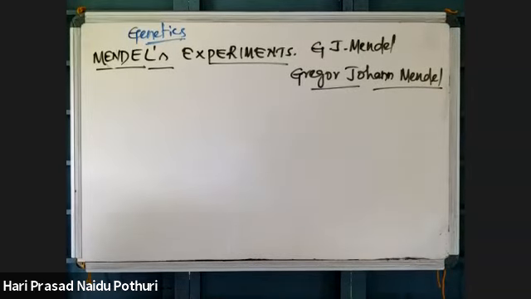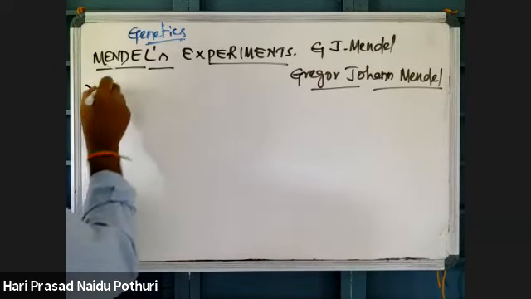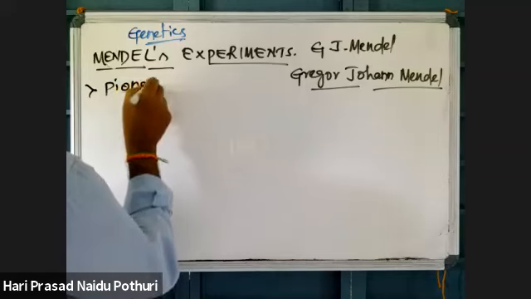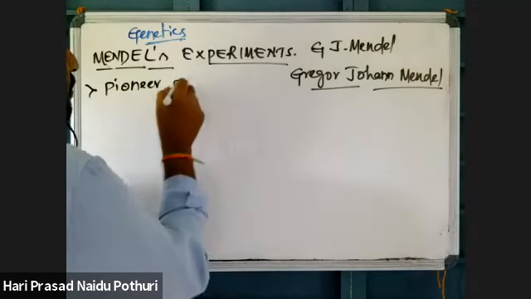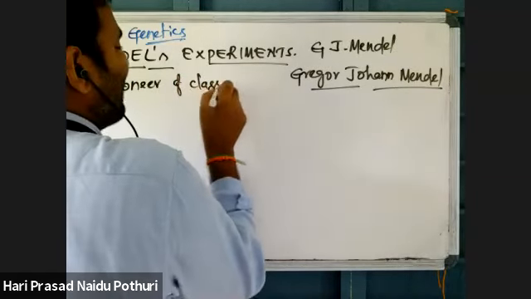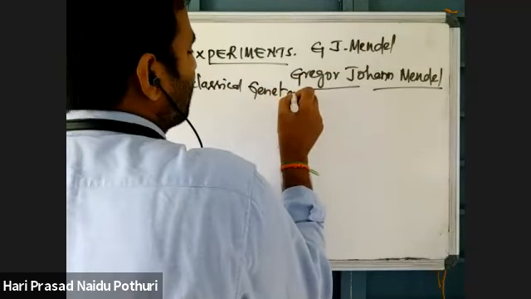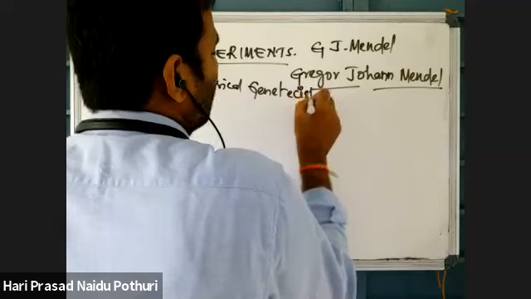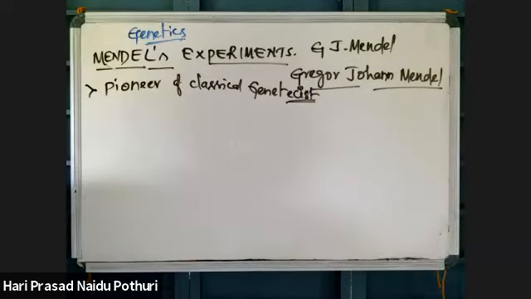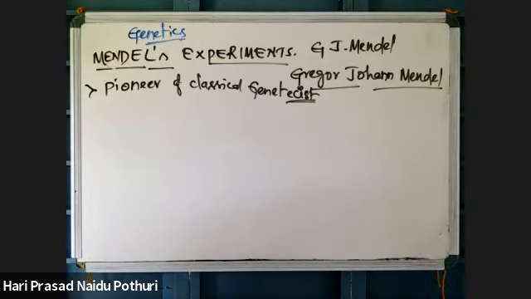Mendel's experiments. Gregor Johann Mendel is the pioneer of classical genetics. He is the pioneer. Pioneer means first place. Pioneer of classical geneticists. Geneticists means the scientists who are studying genetics.